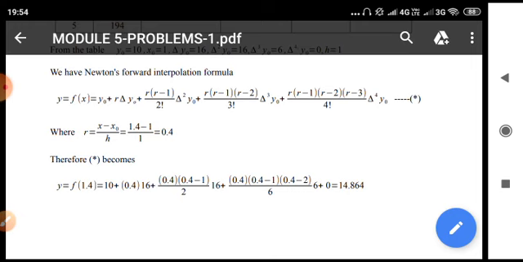So it comes out to be 14.864. Thus y of 1.4 value is 14.864.